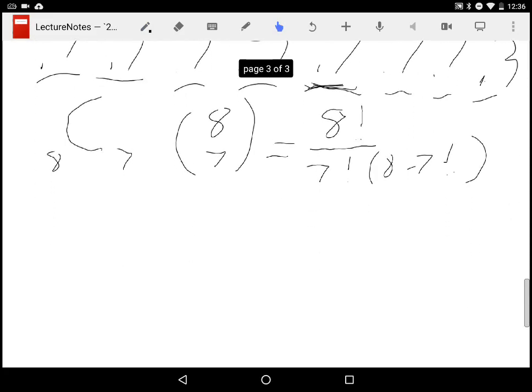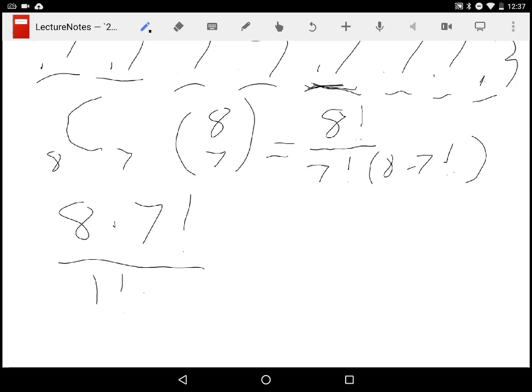So for this one, we're going to make life a little bit more simple, and another way of expressing this is 8 times 7 factorial over 1 factorial times 7 factorial. The 7 factorials cancel out, so you're left with 8. Okay, so there are 8 scenarios in which the player hits 7 out of 8 free throws. All right, so now let's go back to the calculator.